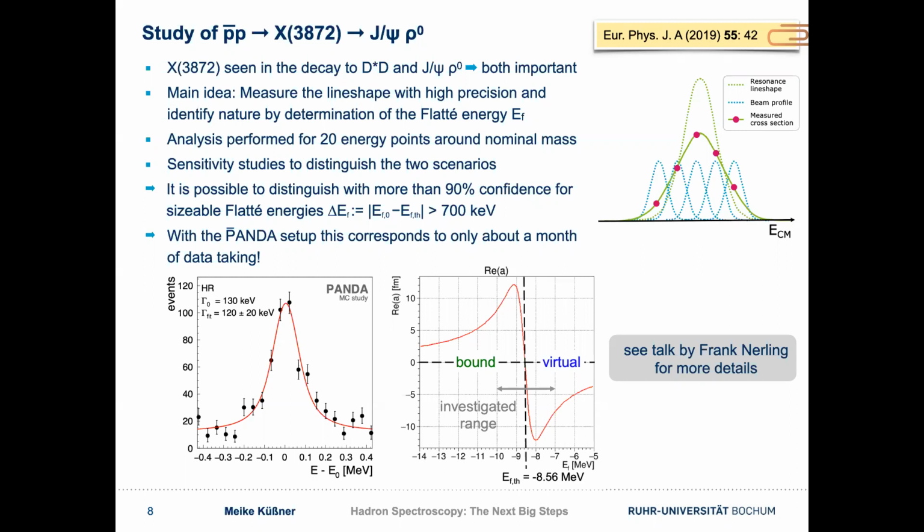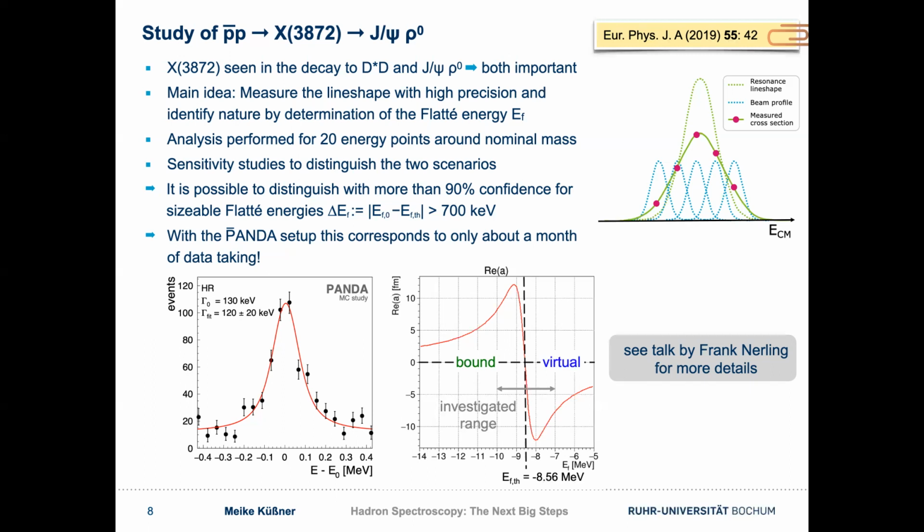The result was that it is possible to distinguish with more than 90% confidence for sizable Flatté energy. With the PANDA setup, this corresponds to only about a month of data taking.